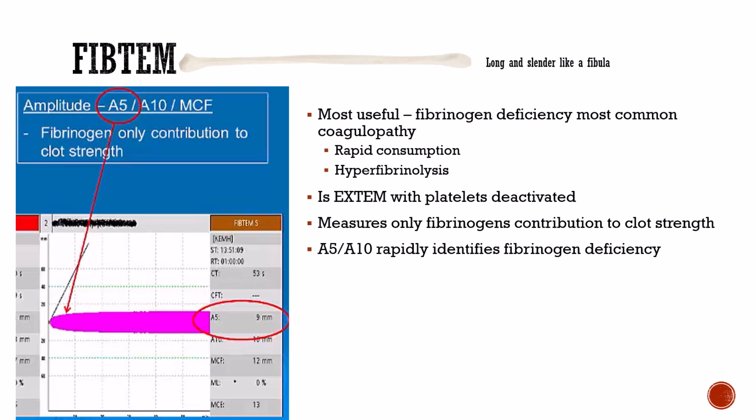The measurements that you're looking for on here are the A5 and the A10. The actual clotting time isn't as helpful, and your maximum clot firmness isn't particularly helpful either, because you've taken away the platelets. So you're just looking at the fibrinogen contribution. We'll go through specific values of what's abnormal in just a second.